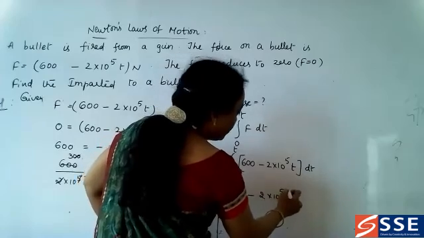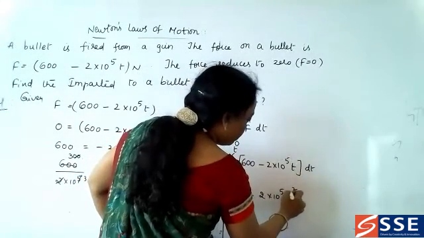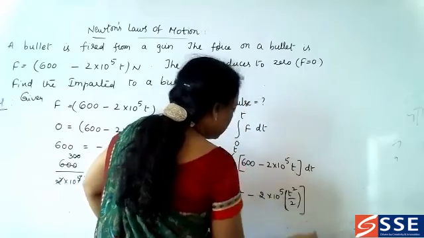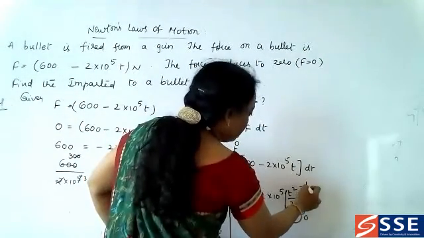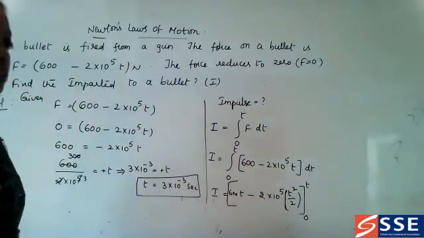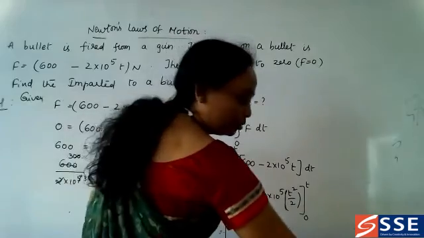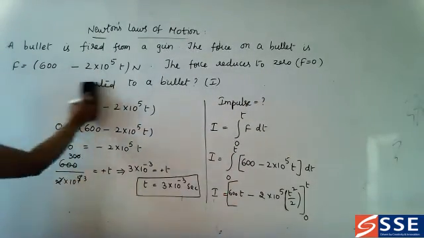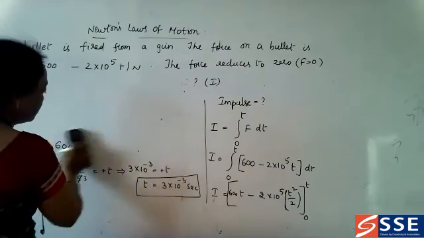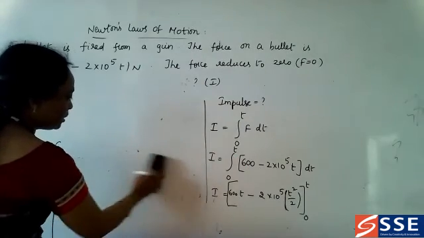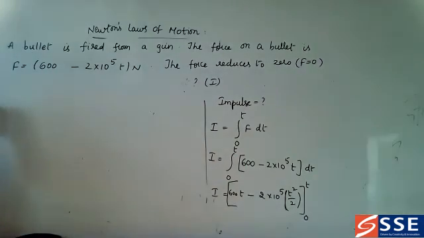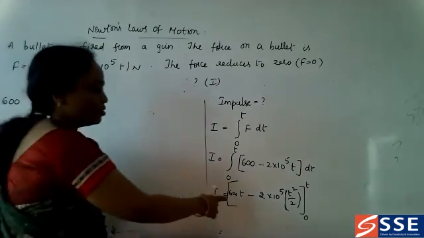The integration of t is t square by 2, and the limits are from 0 to t. So I goes to, what is the value for I? Calculate the value for I. I is equal to 600 into t. You can substitute for t.